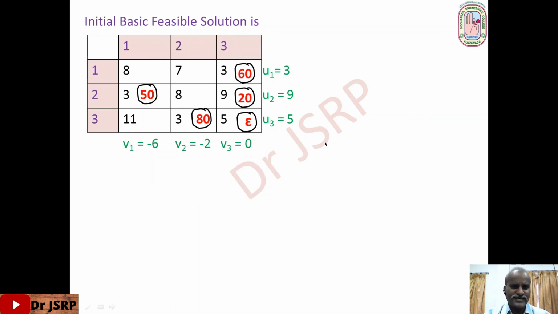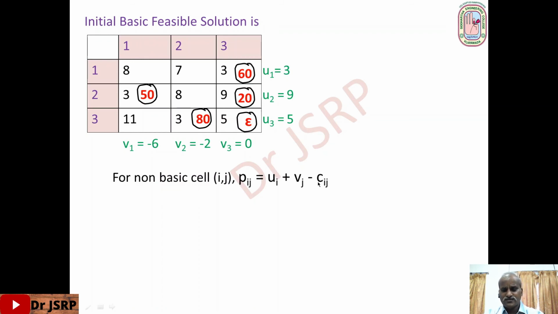Next, find the scalar for each non-basic cell, that is the penalty Pij. For a non-basic cell i, j, Pij equal Ui plus Vj minus Cij: the sum of the corresponding U value and V value minus cost. For the first non-basic cell, 1, 1 cell, P11 equal U1 plus V1 minus C11.